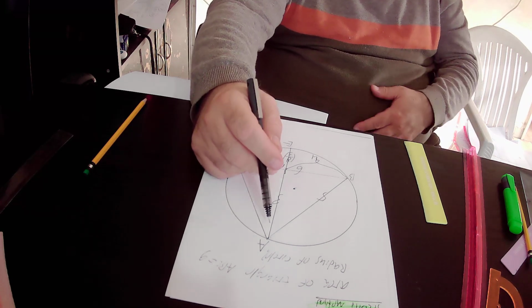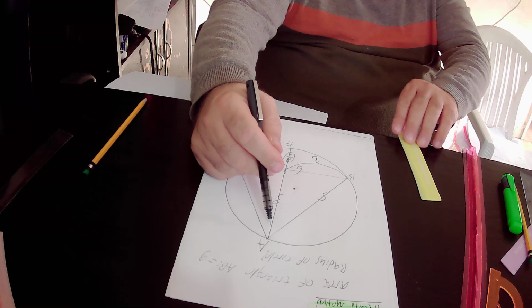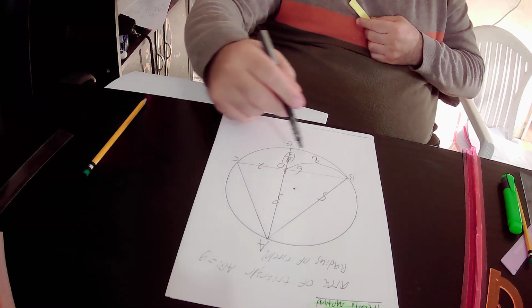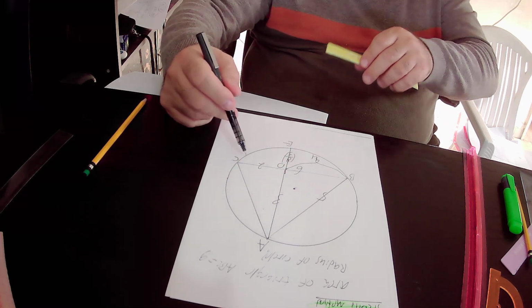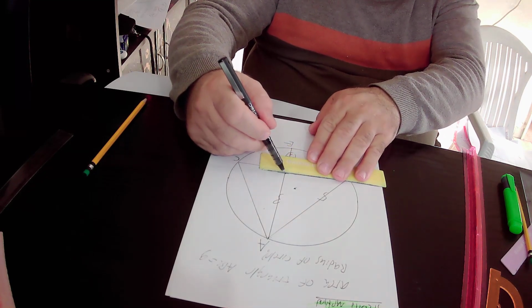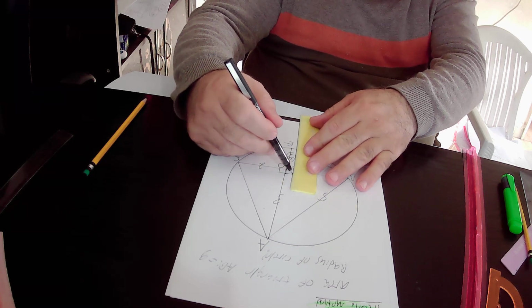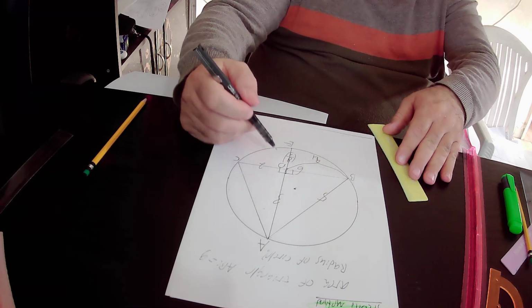Here, we did the construction, and from point A, we drew a perpendicular on BC. So actually this angle equals 90 degrees, and this angle will also equal 90 degrees according to our construction.